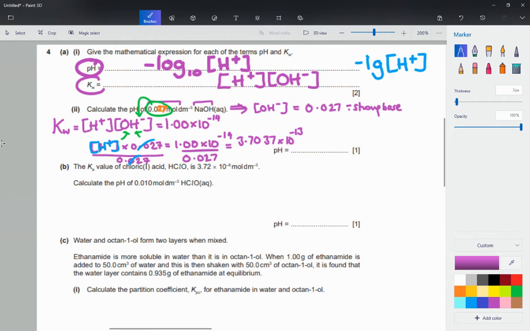The question now goes back to asking what the pH is. We've worked out the concentration of hydrogen ions, and this is where we go back to the first question. This is a very good example of why recall of these equations is so important.